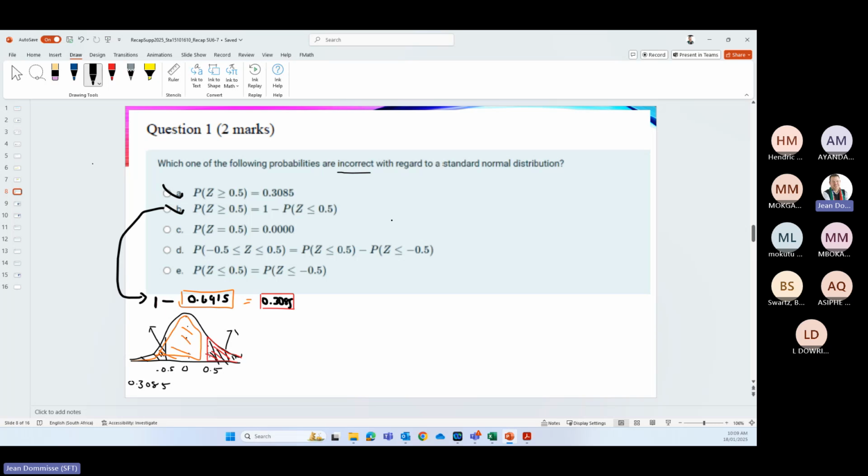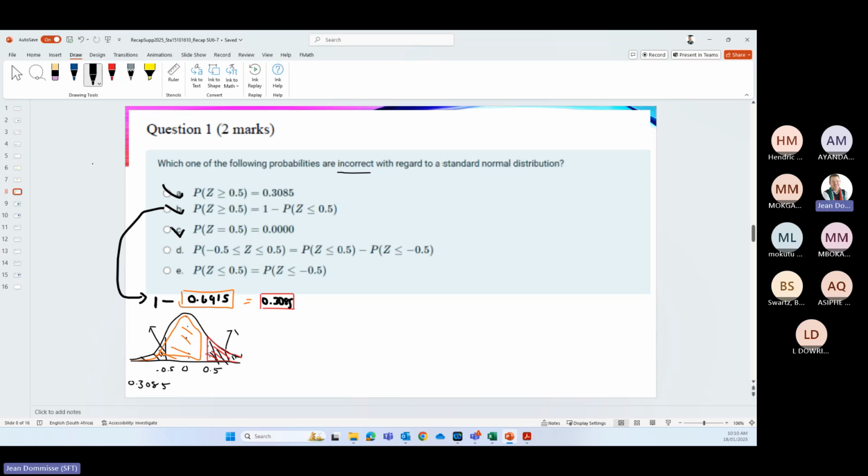With a continuous distribution, we can't get the value of something that is specific, equal to a number. So there is no probability for Z equal to. If it was discrete, then it's different, because discrete is for 0, 1, 2, 3, 4, and 5. Continuous, you actually don't know.